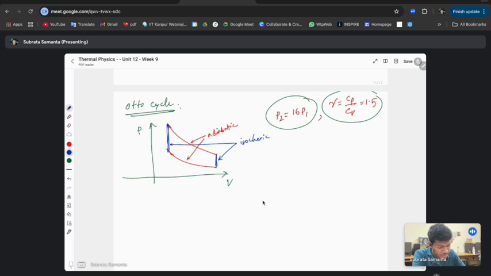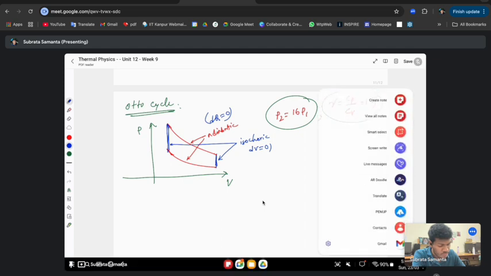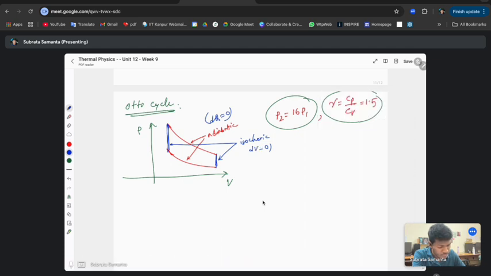Adiabatic means that dq is 0, and isochoric means that the volume is constant, so dV is 0.